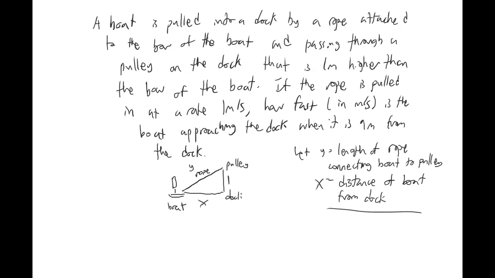And what do we know? Do we know Y prime? Yeah, right here. If Y is the length of the rope, then the rate at which the rope is pulled is Y prime. So we know Y prime. So we need a formula relating X and Y. So what formula is it?